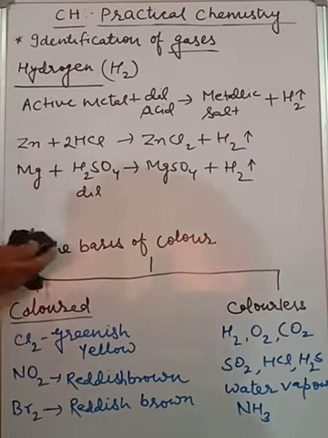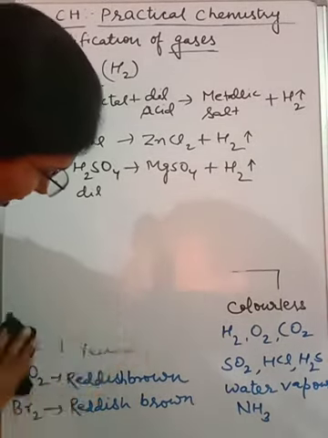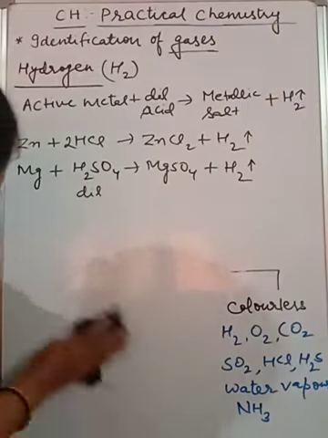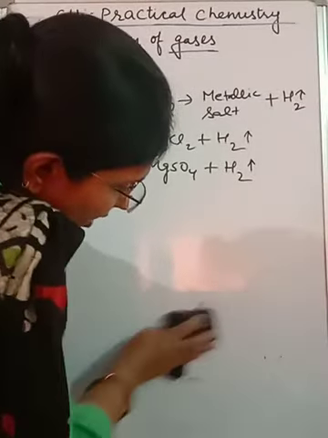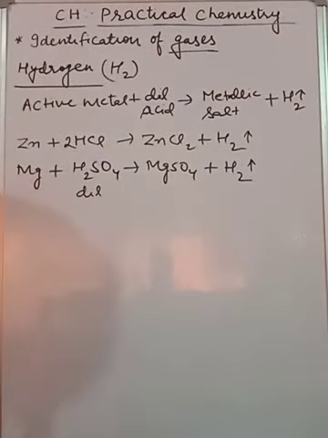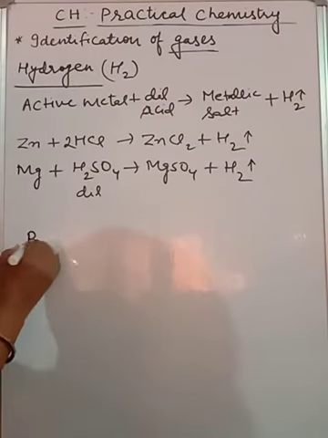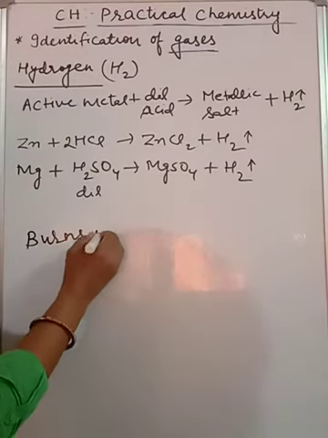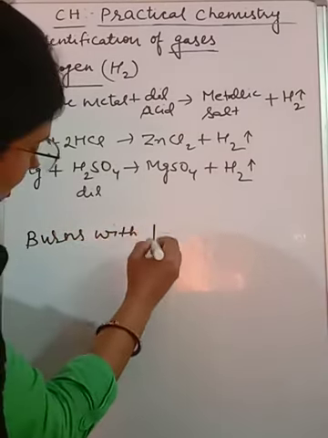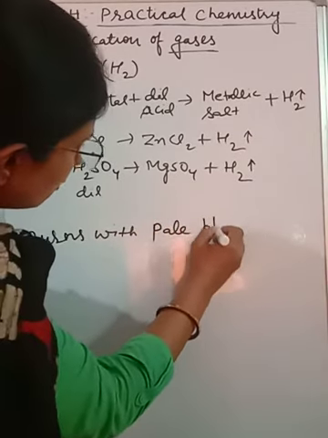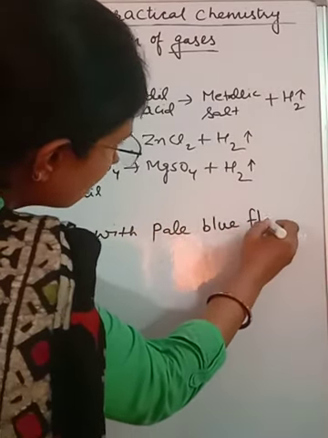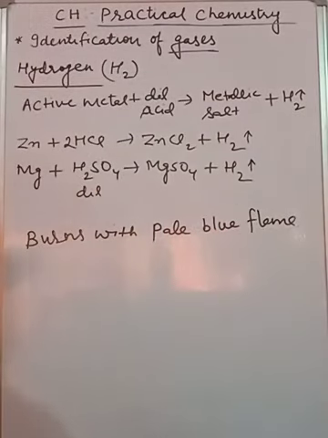So this pale blue flame as well as clear pop sound, these two are the main identification points of hydrogen gas. Means first point is burns with pale blue flame. This is the most important point.